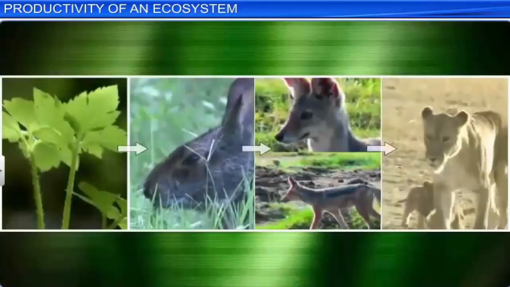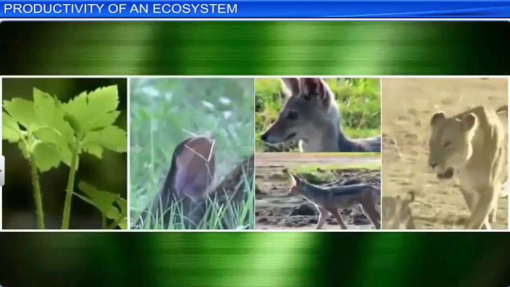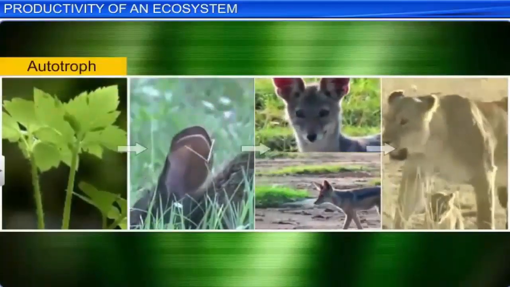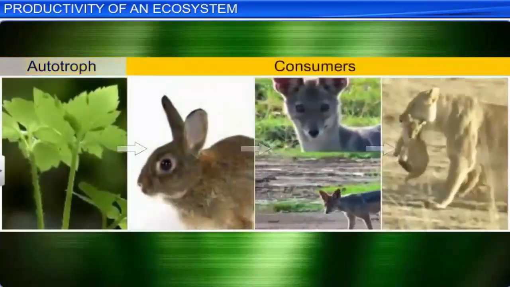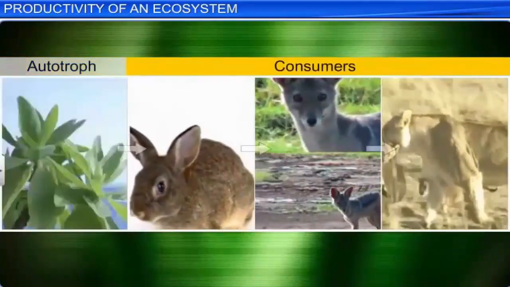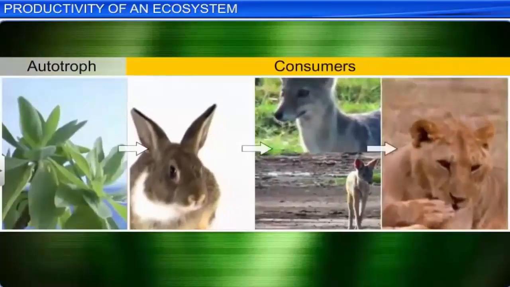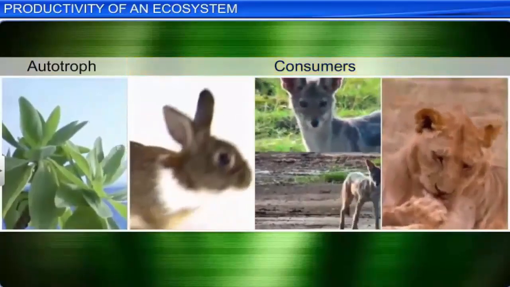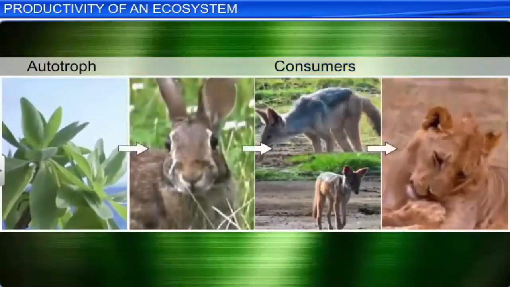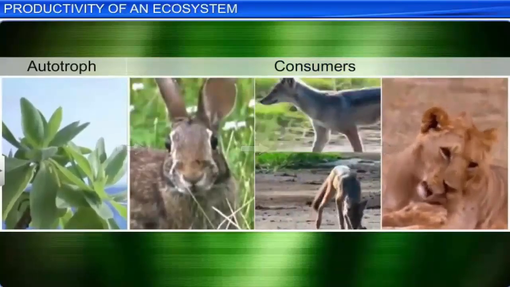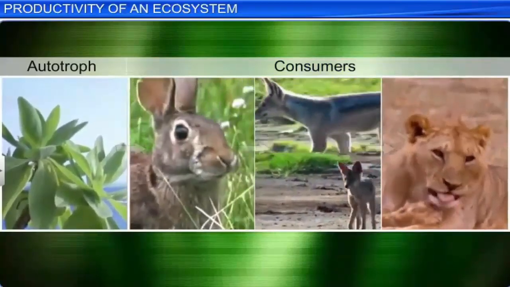Thus, the food or energy assimilated and stored by autotrophs is passed on to the consumers. Moreover, the efficiency with which this energy transfer takes place from one trophic level to the other is called energy efficiency.